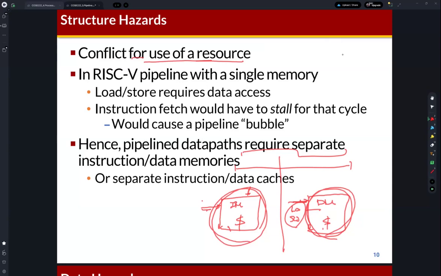But in real CPU design, we can observe frequent structure hazards because some hardware units have a long delay, so they are occupied for multiple cycles.